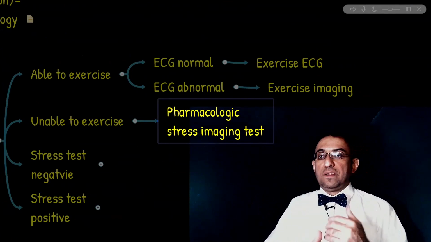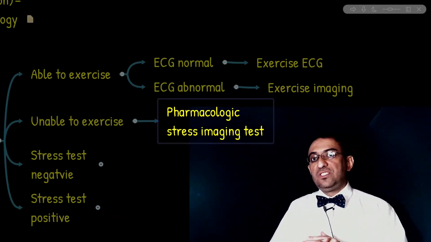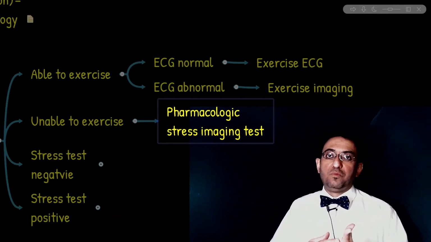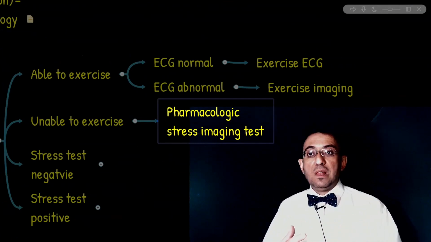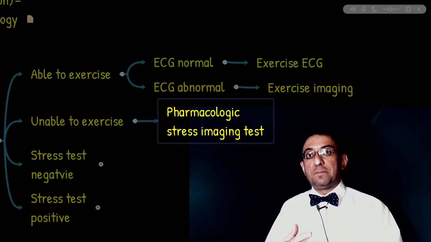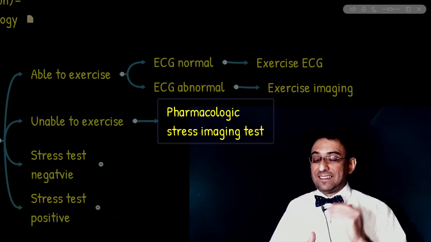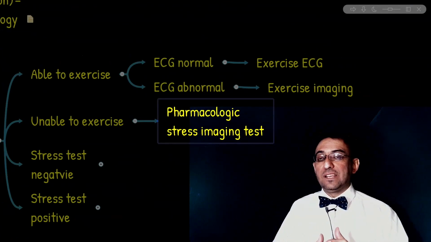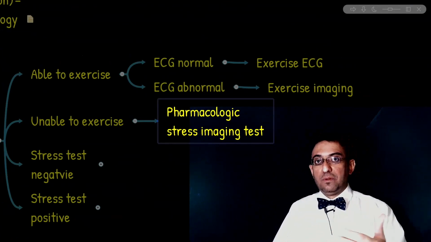If you wonder what is the MET or metabolic equivalent, it is the oxygen uptake that's calculated at rest, and 1 MET is 3.5 milliliters of oxygen uptake per kg per minute. And so if the patient is able to reach at least 5 MET equivalents, it's said that the patient is capable of doing the exercise as the stress.